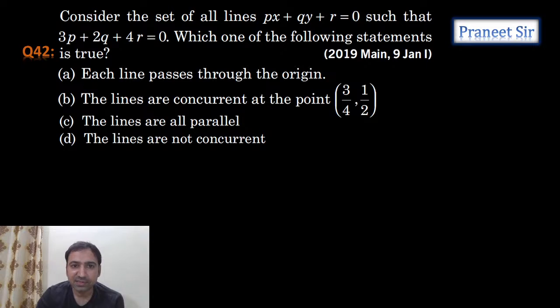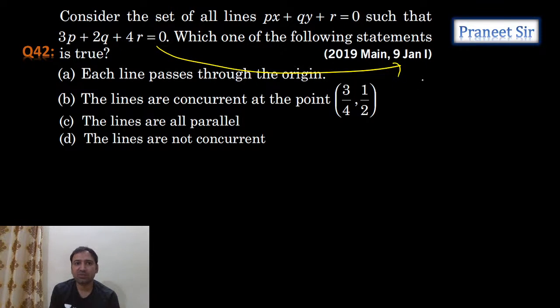Yes, this is the next question we have. This is also a 2019 question. So these set of lines are such that 3p + 2q + 4r = 0. What does that mean, guys? We can convert this equation as p into 3/4 plus q into 2/4 plus r equals 0.